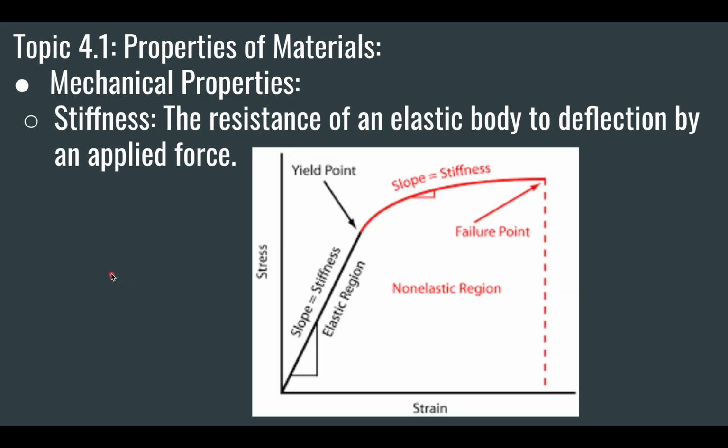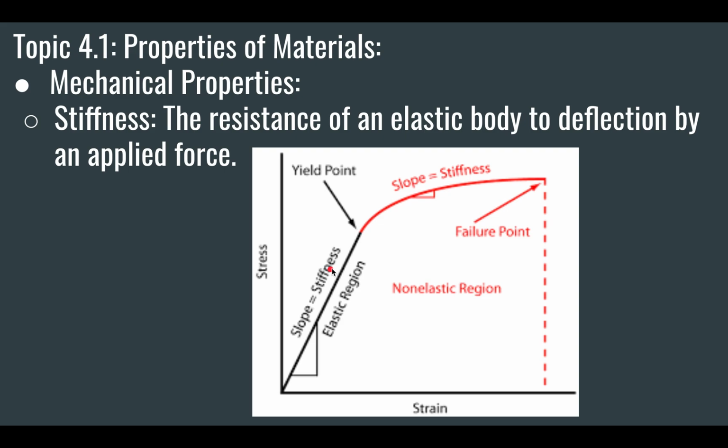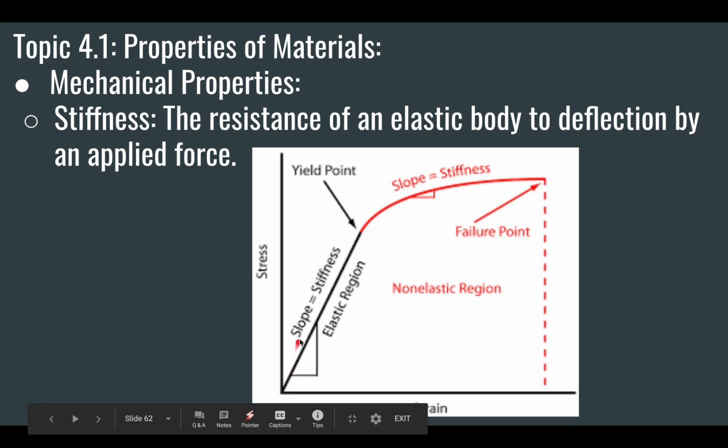Okay, stiffness. Stiffness is the resistance of an elastic body to deflection by an applied force. Think of something that you can bend so far, and then it won't snap back. When we're talking about this, this is stress and this is strain.